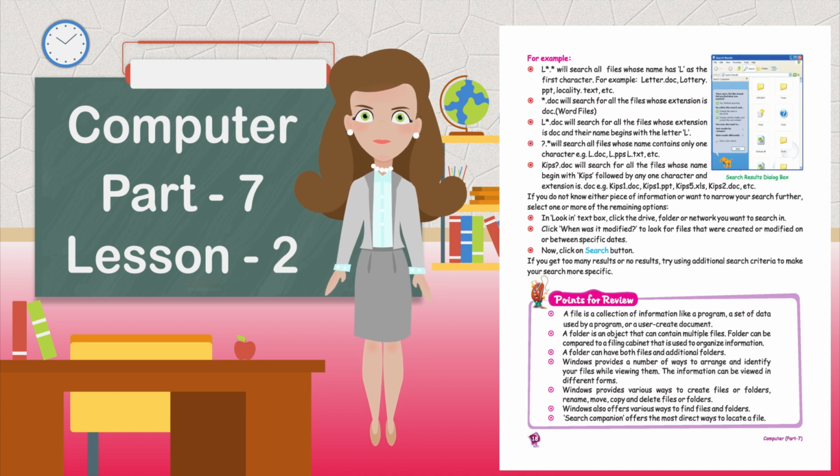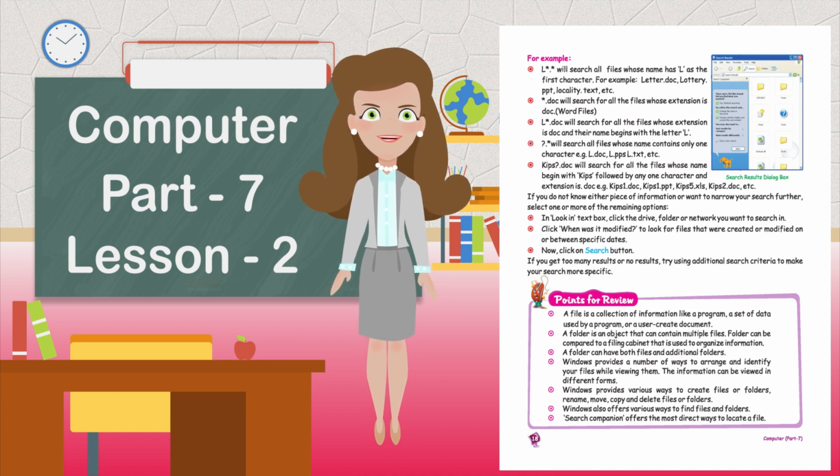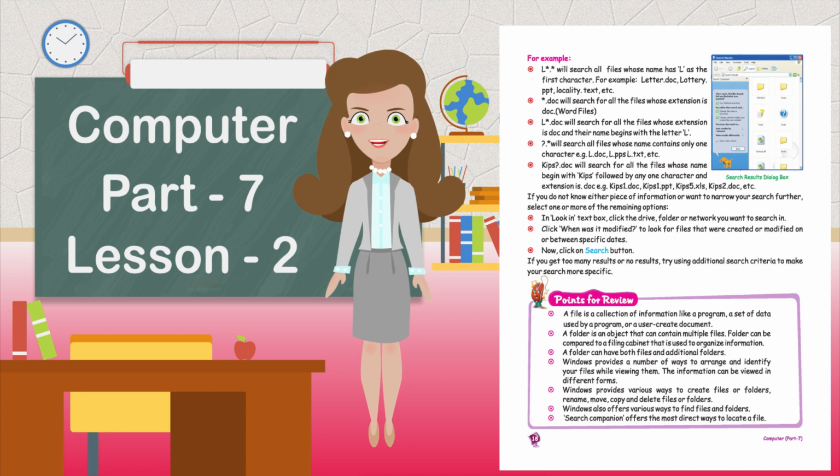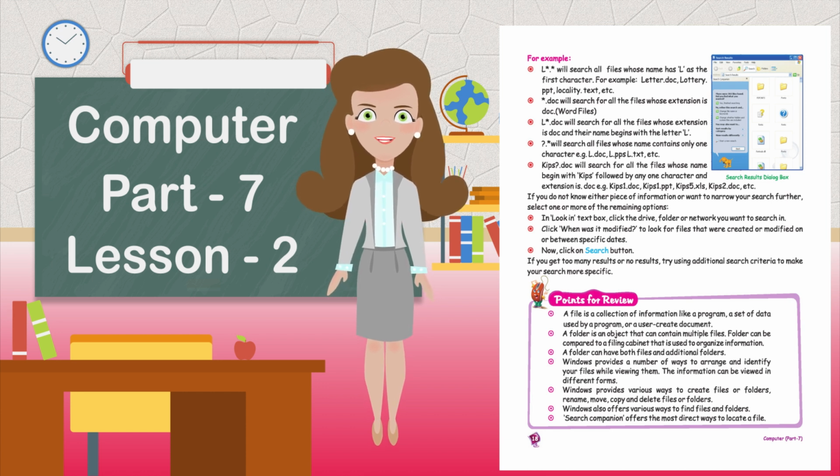If you do not know either piece of information or want to narrow your search further, select one or more of the remaining options. In the Look in text box, click the drive, folder or network you want to search in.